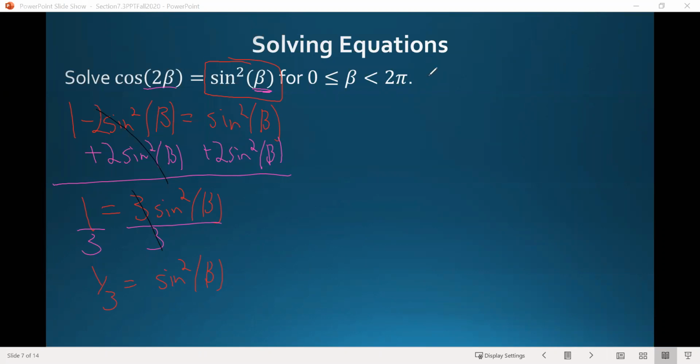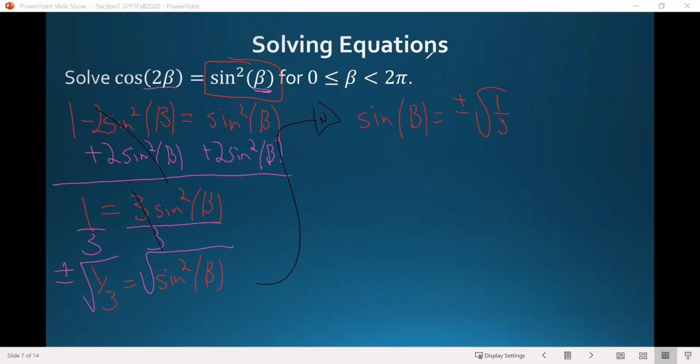And then to undo the squared there, we know we could take the square root on both sides. And remember, when we do that, we always get 2 answers, a plus or minus. And so what we end up with here then is sine of beta equals plus or minus square root of 1/3.